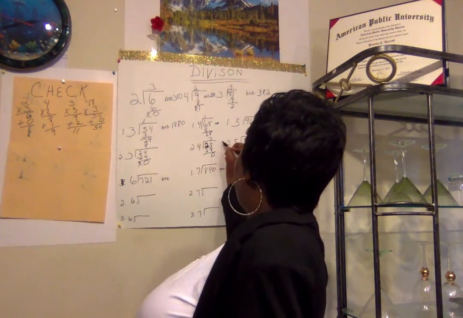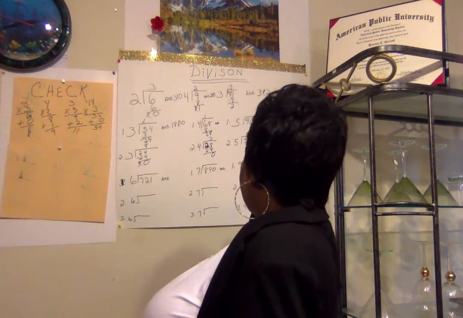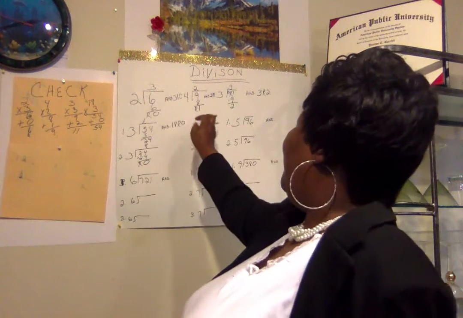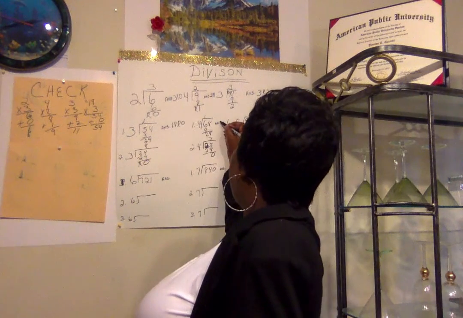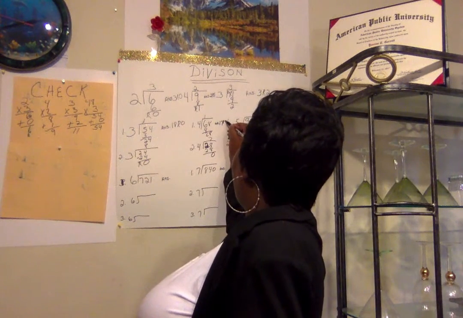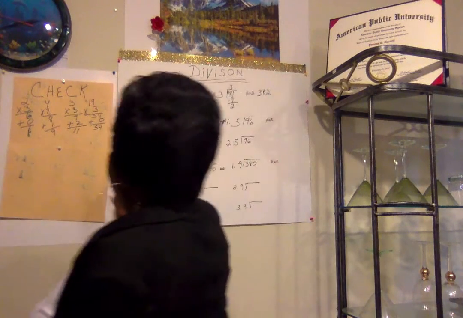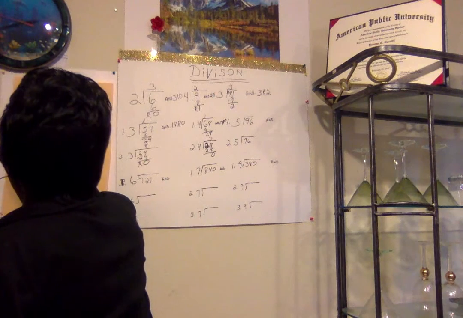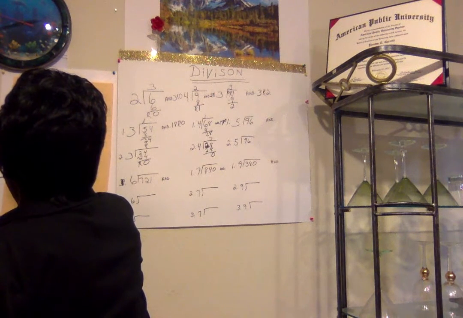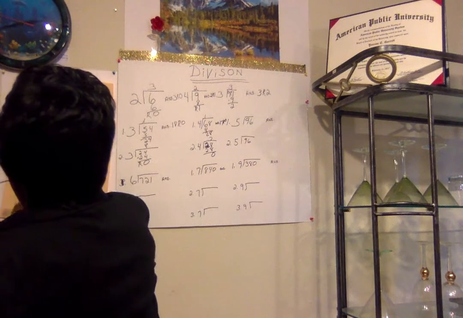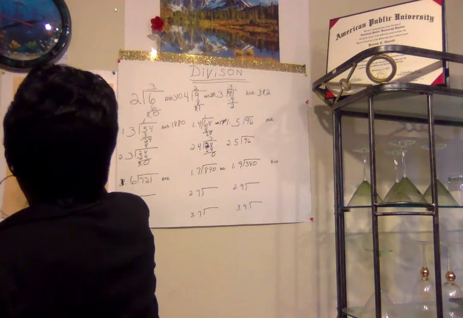So your answer is, remember your numbers on the top, 17. Your answer is 17, remainder 0. Let's go check. So we're going to say 17 times 4. 4 times 7 is 28. 4 times 1 is 4, plus 2 is 6. 68.